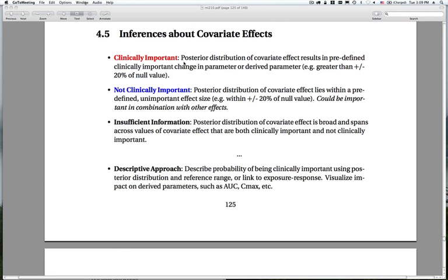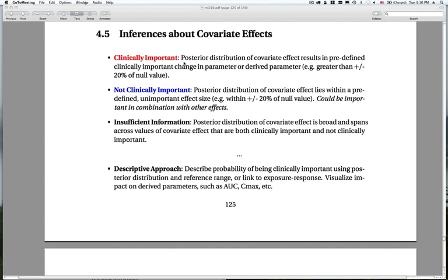Now, that doesn't mean that it's not important in combination with other effects, and you could explore combinations of effects and their importance. But as an individual effect, it probably indicates that on its own, you don't have to worry about that covariate.